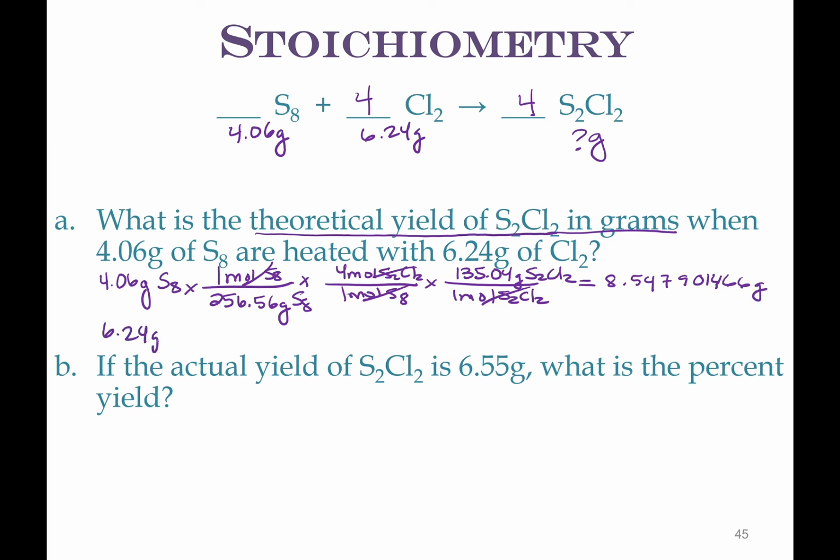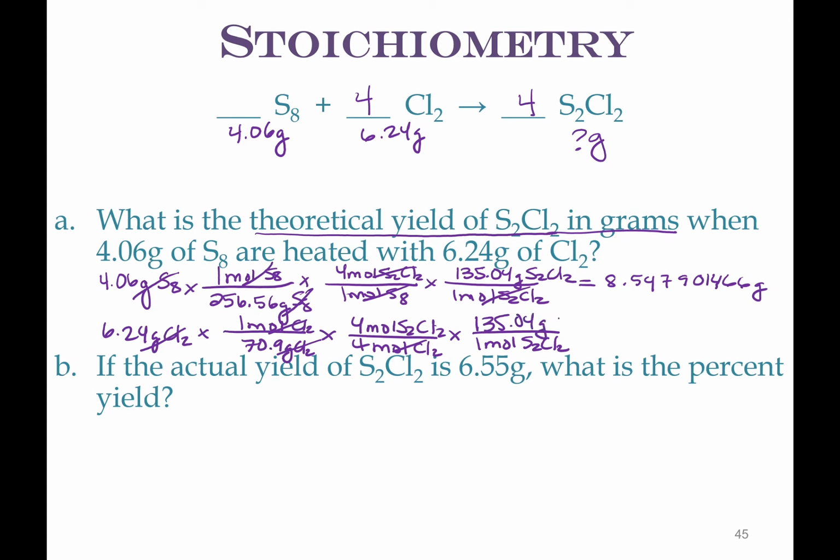6.24 grams of Cl2. Cl2 has a mass of 70.9 grams for 1 mole. 4 moles of Cl2 are going to produce 4 moles of S2Cl2, and every mole of S2Cl2 has a mass of 135.04 grams of S2Cl2.